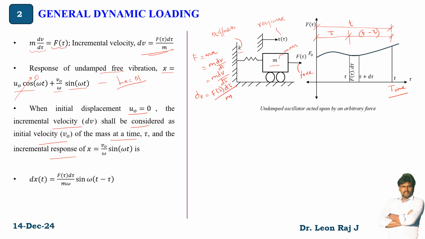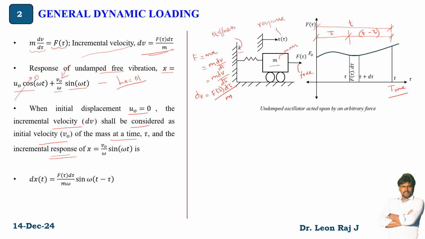So what is the incremental response? dx of t equals f of tau d tau divided by m omega. Here v0 is nothing but the incremental velocity. So just substitute this incremental velocity, f of tau d tau by m, into omega sin omega t.